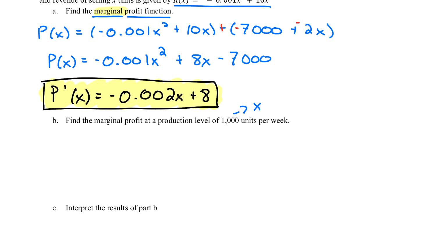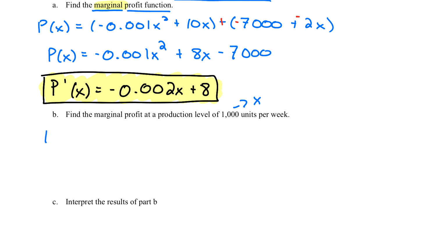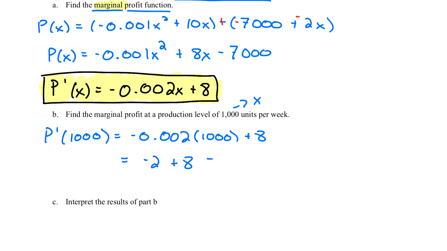So I'm just going to take that, plug it in for X into the equation for P prime that I just found in part A. So here I'm looking for P prime of 1,000. That's going to be negative 0.002 times 1,000 plus 8. Here I should end up with negative 2 plus 8. I should end up with a positive 6. So here is my marginal profit.